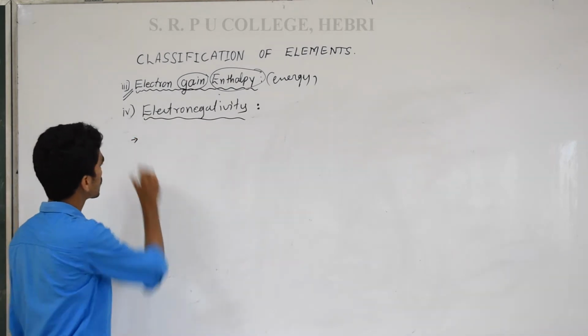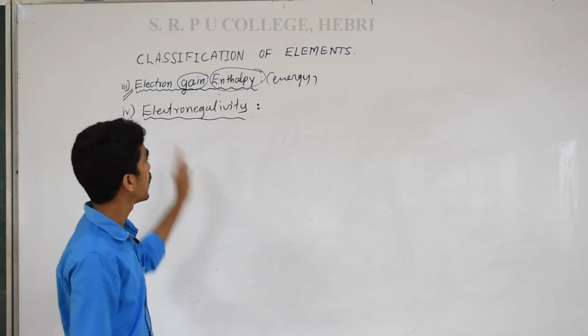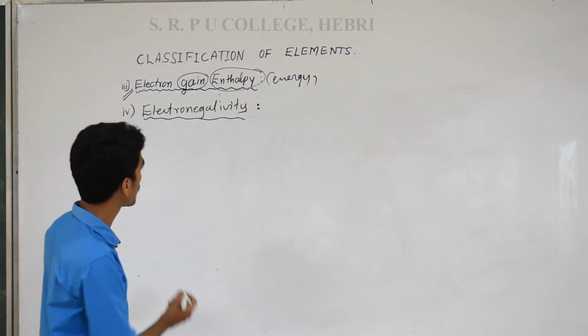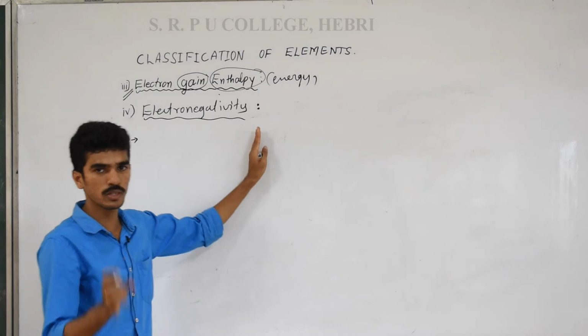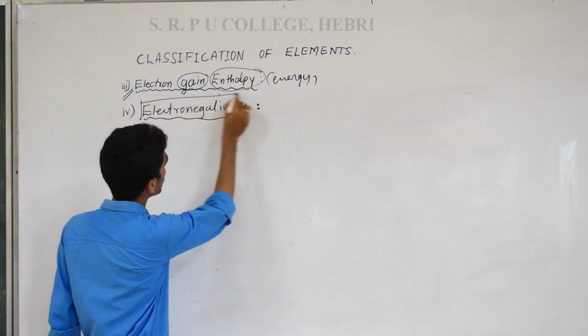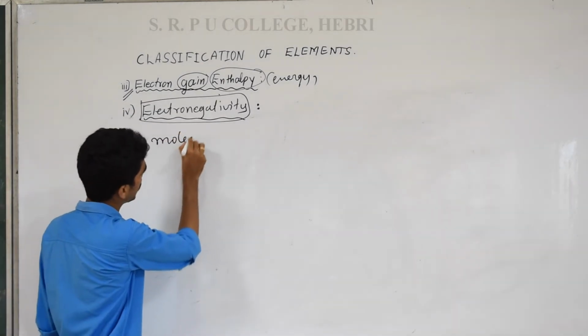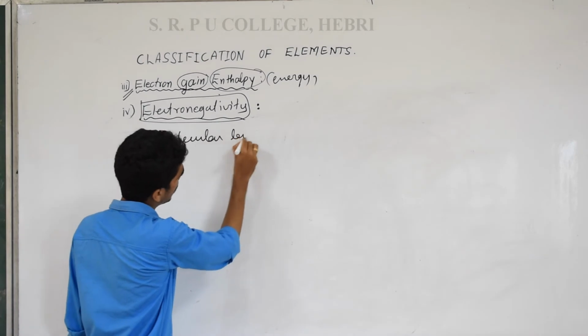For electronegativity, first I will go for the definition. One thing you should remember: so far we discussed a particular single element, but electronegativity is used at the molecular level.